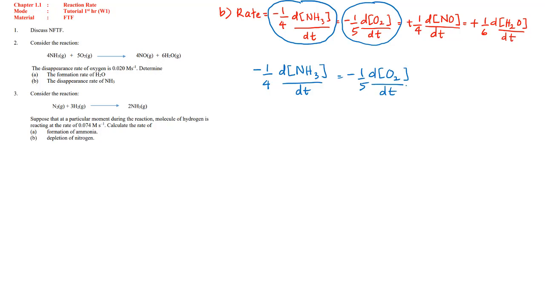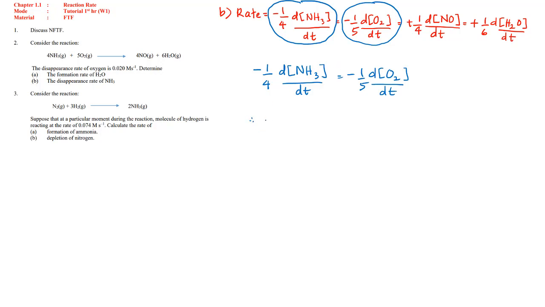Alright, okay, so sebelum saya terlupa, pastikan bila you menulis differential rate equation ni, you use the correct brackets. Okay, you must use square bracket to show the concentration. Kalau you salah guna kurungan, salah, memang tak diterima.